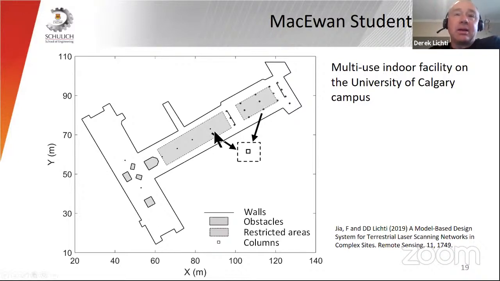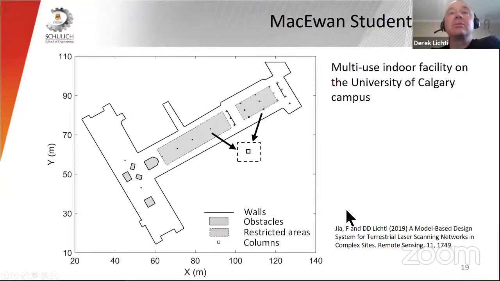It also has an area in the center that we call the restricted area. This is basically the seating for the food court area, and we regard it as being transparent. So we could set up the instrument and scan through it and see the walls, but we can't set up in that area. Viewpoints can't be placed there, but we can see through it.